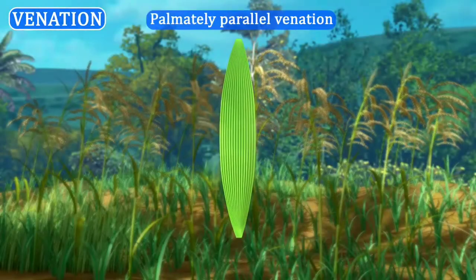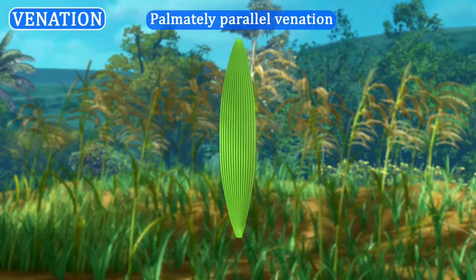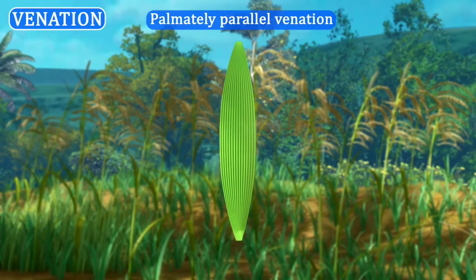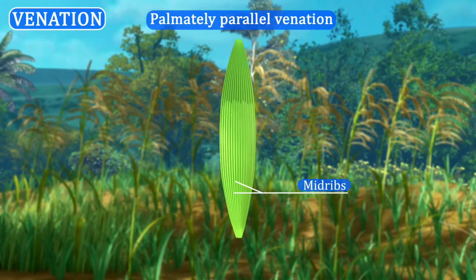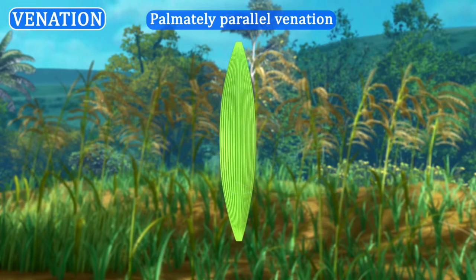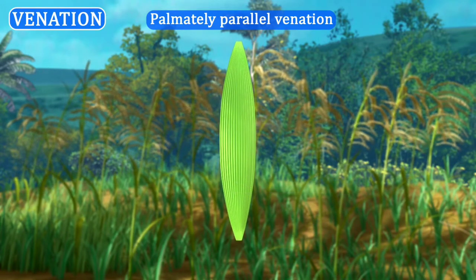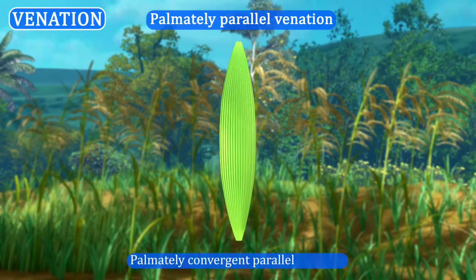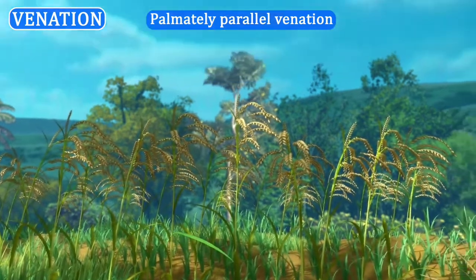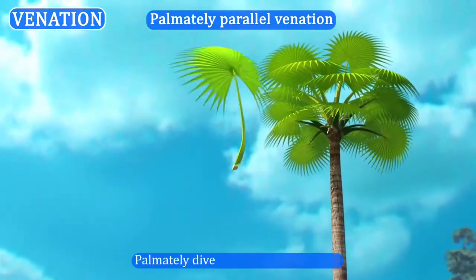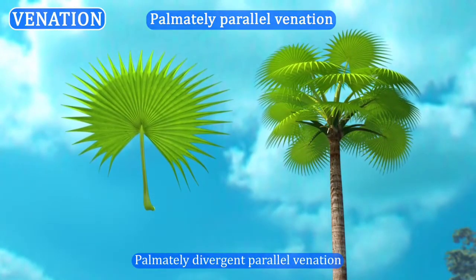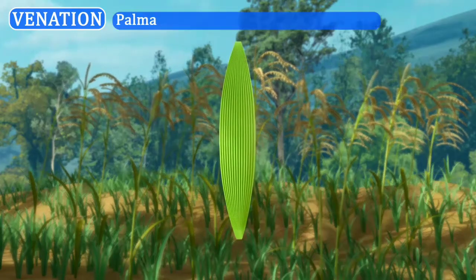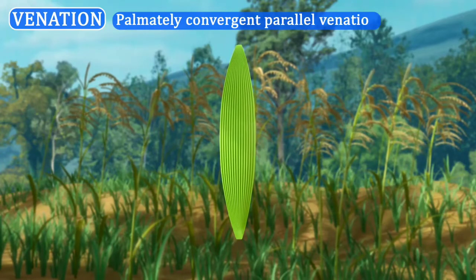Palmately parallel venation. In this venation, the lamina has two or more midribs that run upwards. It is divided into two categories: palmately convergent parallel venation and palmately divergent parallel venation. Palmately convergent parallel venation.